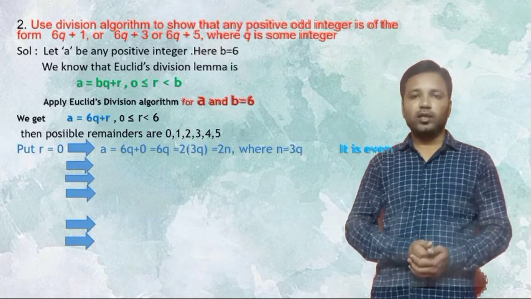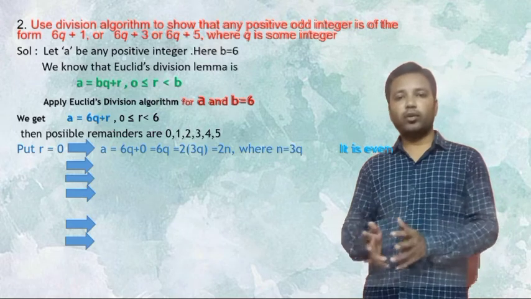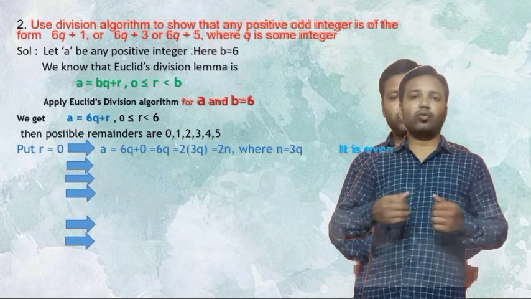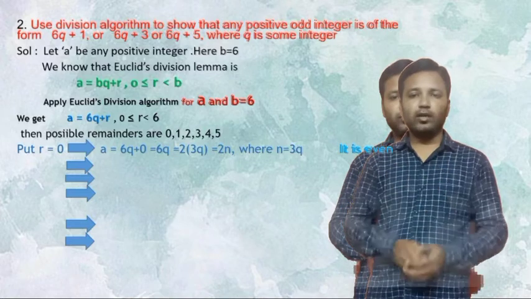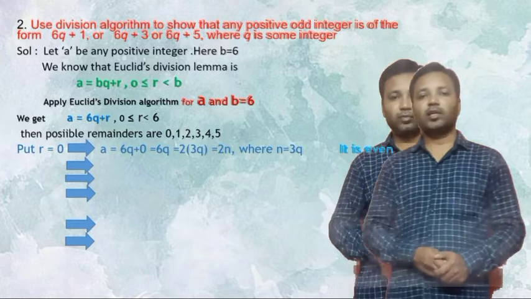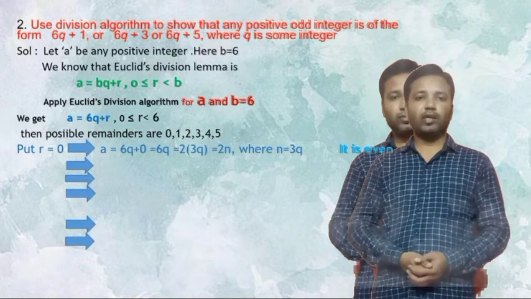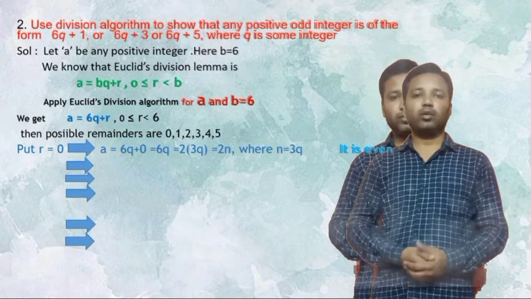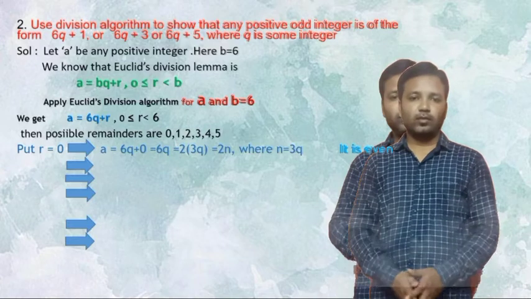The entire step we write in the form of 2 into 3q. Here the entire bracket 3q I consider as a variable n, so it can be written in the form of 2n, where n is equal to 3q. According to the even number definition, all multiples of two are even numbers, so it is classified as even.